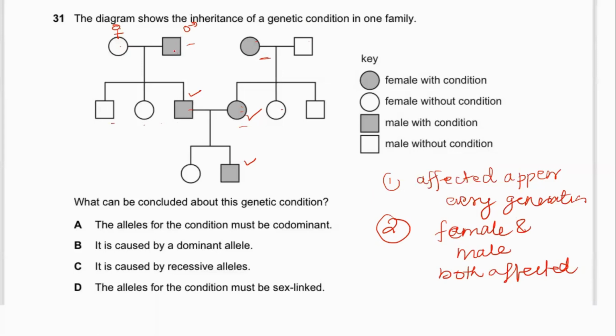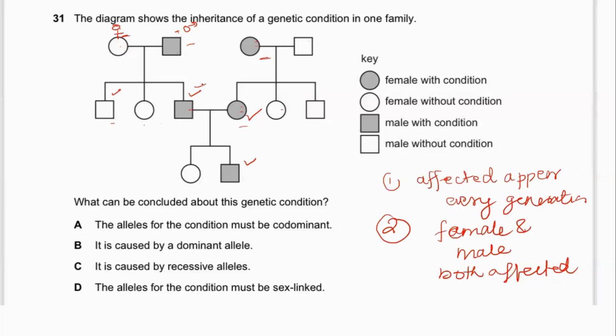Now, when you cross, make an observation very carefully. When you cross an affected parent with an unaffected parent, so here there's an affected parent and this unaffected, similar situation over here, what do you get? You produce unaffected as well as affected.